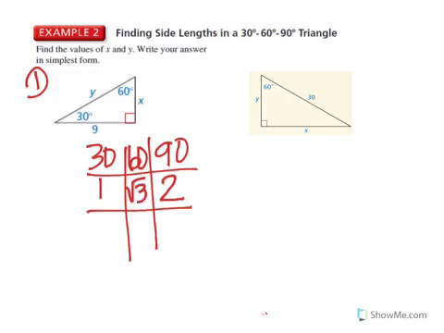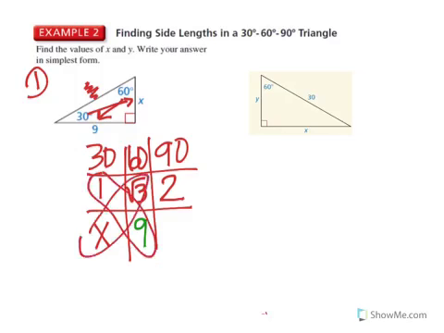Okay, let's solve for x first. So just pretend like the y is not there and put in what we know. Directly across from our 60-degree angle is a 9. So we're going to put in 9. And we're solving for x, and it is directly across from our 30-degree angle. So I'm going to put an x right there. And we are going to cross multiply just like we did.